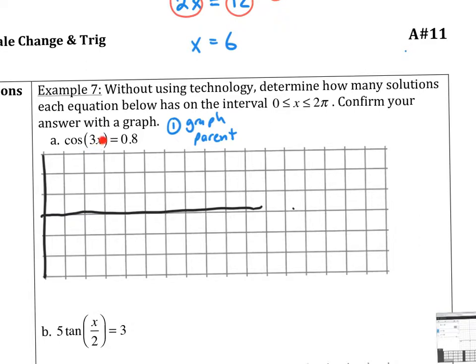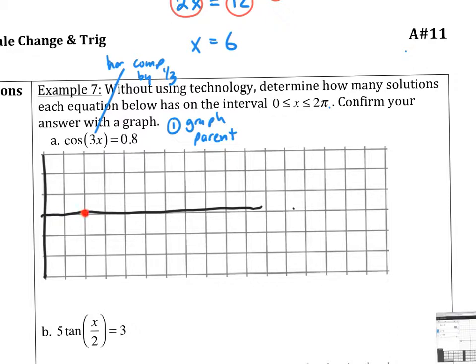Notice that first off, I recognize that this function right here is a compression by 3. So it is a horizontal compression by 1/3. I just cut everything into 1/3. This 1/3 is extremely helpful because if I put my pi over 2 here, and I squash by 1/3, it's somewhere in this vague territory.